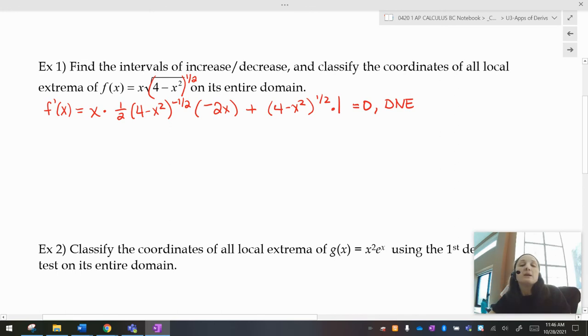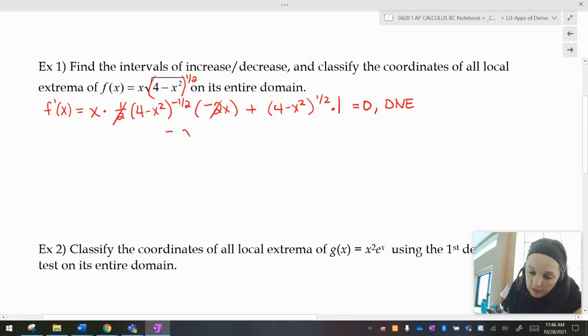Now, when I'm taking derivatives and eventually antiderivatives, I don't like fractions, I don't like exponents. But when I'm solving equations, I like fractions, I like exponents. So I'm going to try to rewrite this in a way that's easier to solve for me. So 1/2 times -2 is -1.